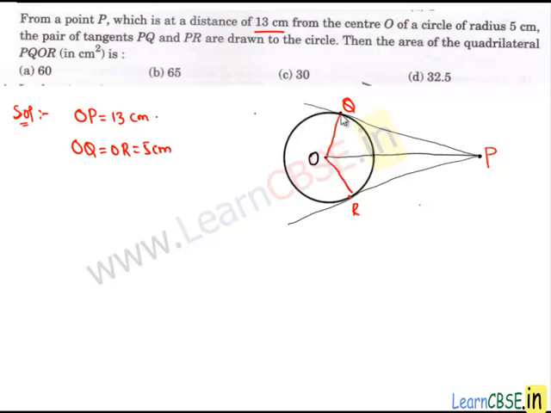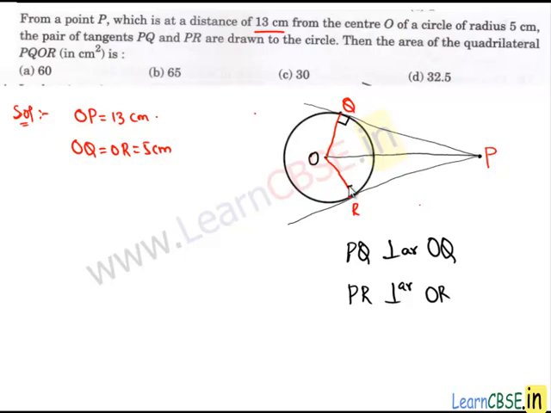We know that the tangent of a circle at a particular point is perpendicular to the radius of the circle at that point. Therefore, at point Q, tangent PQ is perpendicular to radius OQ. Similarly, at point R, tangent PR is perpendicular to radius OR.